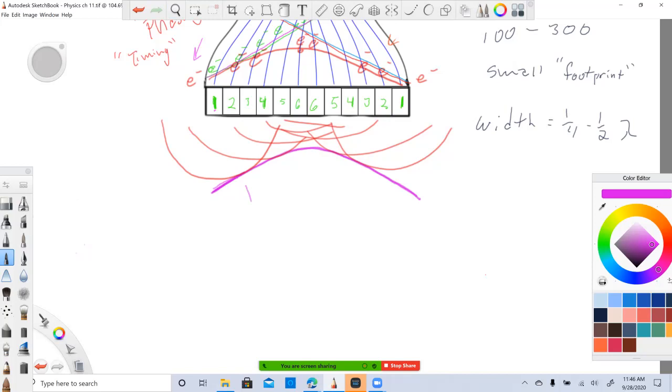Now our sound wave is going this way, this way, this way, and you can see the focus is going to be right about there. So through phasing, we're able to steer right, left. We're able to focus by stimulating outside elements first, inside elements last.